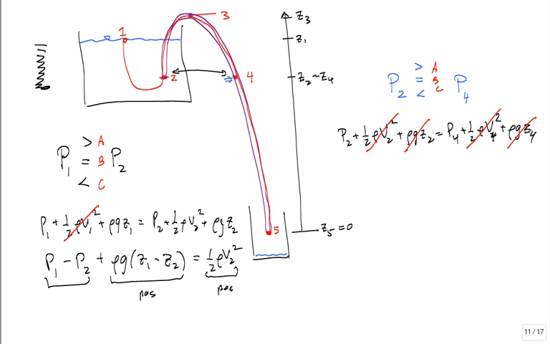And we already deduced that the pressure at 4 is less than the pressure at 5. True? Sure. Pressure at 1 and 5 are equal. So what do we get? That the pressure at 2 is less than the pressure at 1, even though the hydrostatic pressure is trying to build it up.